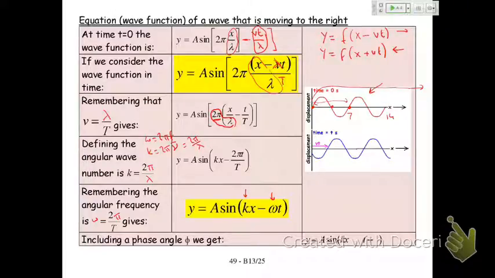The take home is I need you to know that y is equal to A sine 2 pi over lambda times x minus vt, or y is equal to A sine kx minus omega t.